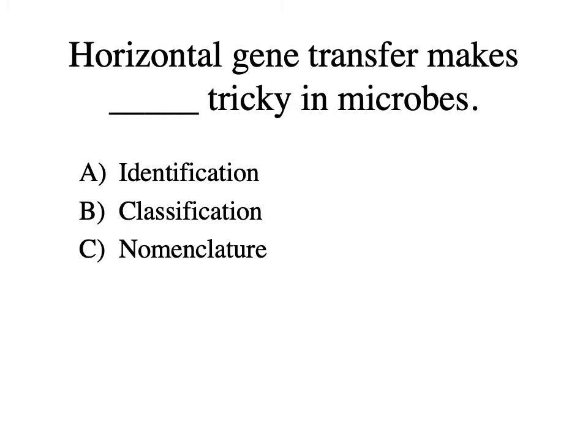The answer is B, classification, because horizontal gene transfer can occur through that pilus from a bacteria to a bacteria to an archaea, and they're sharing those genetic components. It makes classification tricky, because classification has to do with that genetic makeup of that organism, the genotype.